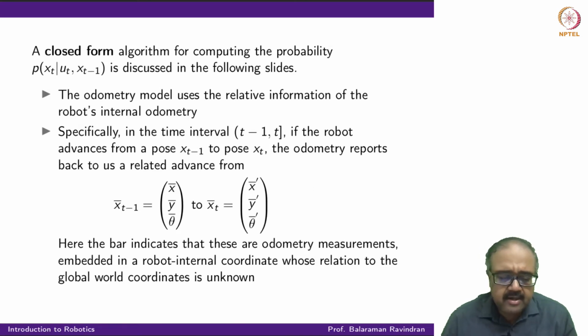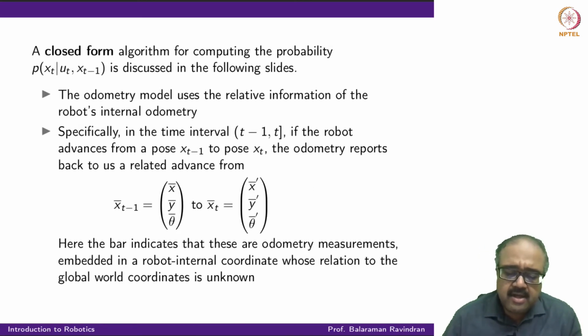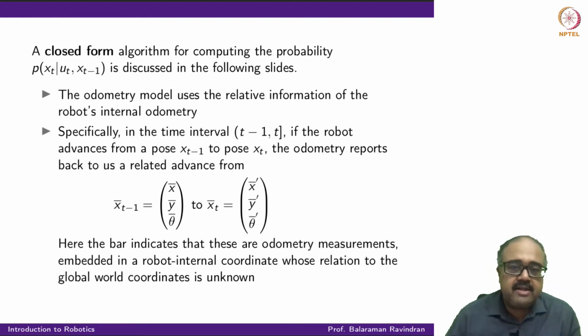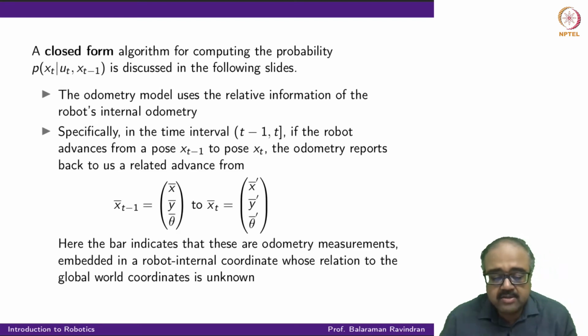So the idea here is that we are going to look at the odometry signal as the action. So the u_t that we talk about would be the odometry measurements that we make, as we will see in the next slide. As before, our goal when building a motion model is to come up with a probability distribution of x_t given the previous state x_{t-1} and the control action u_t.